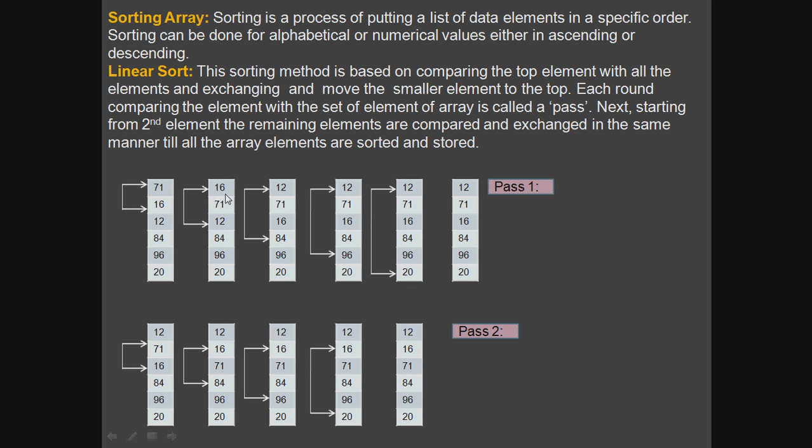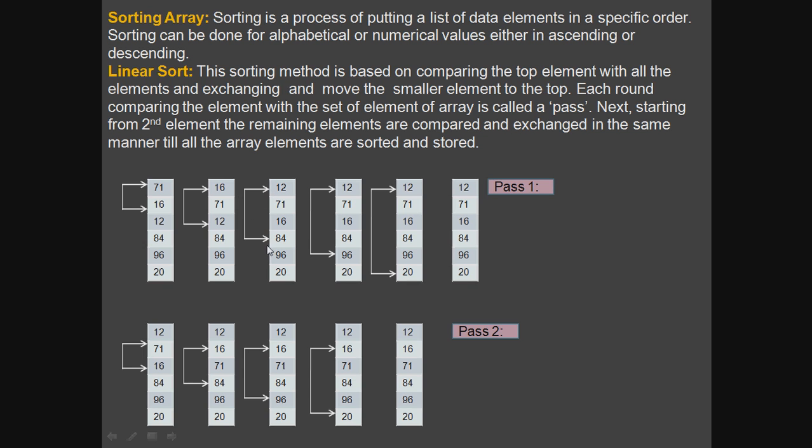Now again, the comparison is made between the top element and the third element. Here the first and second elements were compared; now the first and third elements are compared, and whichever is smaller moves to the top. So now we have 12, 71, 16. 12 has taken the place of the first element.